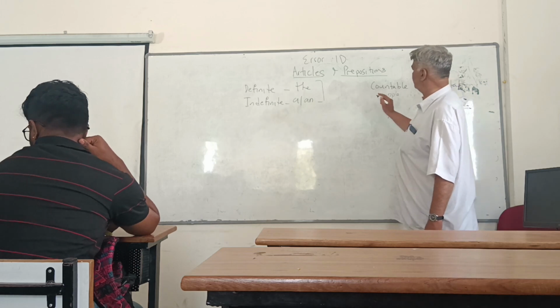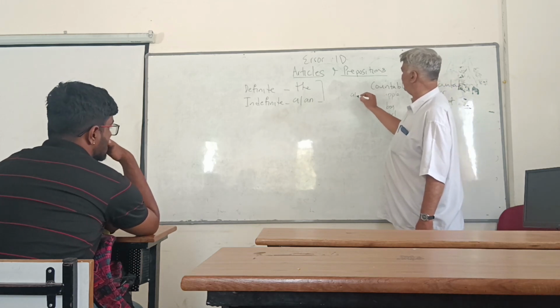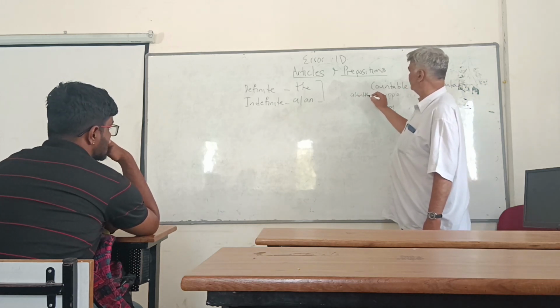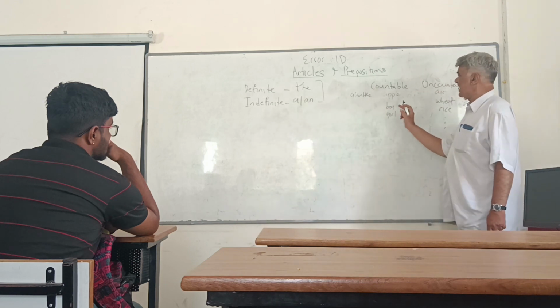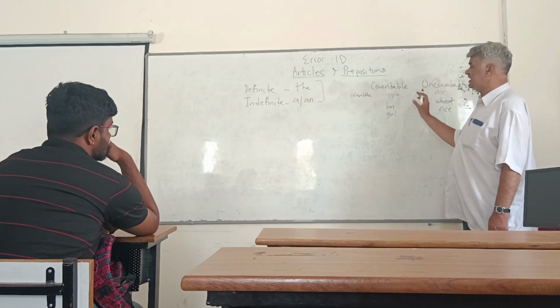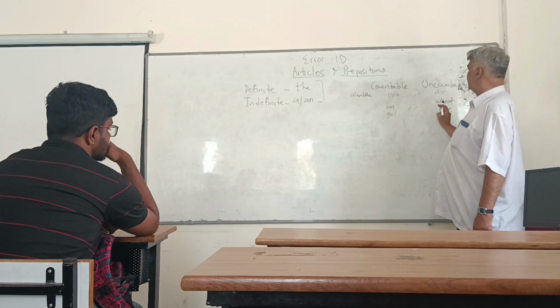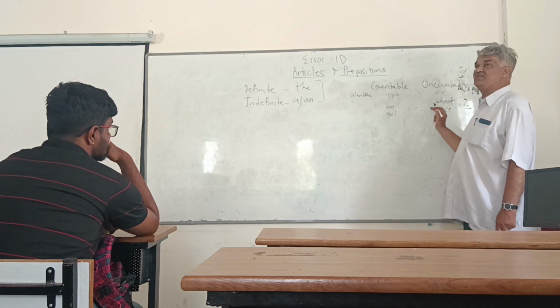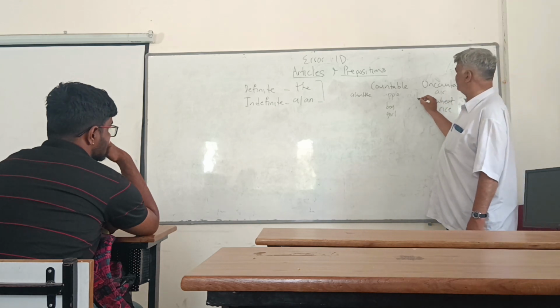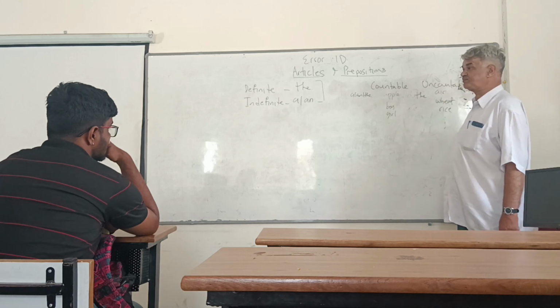Now, before countable nouns, you can use "a," "an," or "the." An apple, a boy, the apple, the boy. But before uncountable, you cannot use "a" and "an." We have to use only "the."